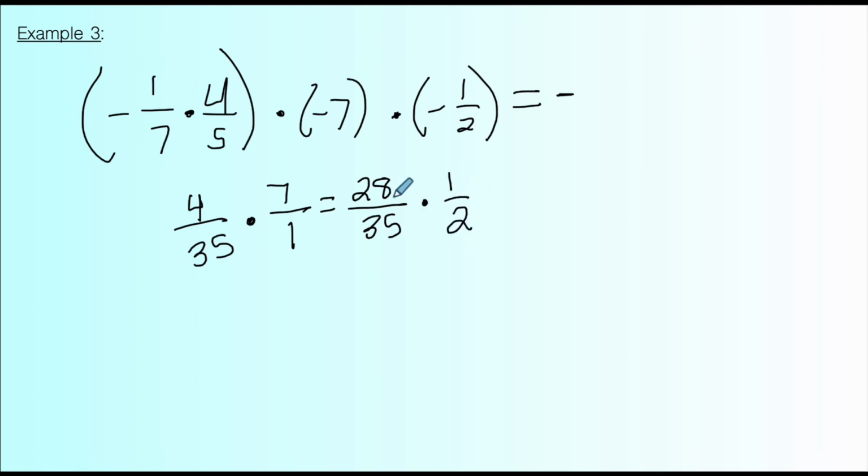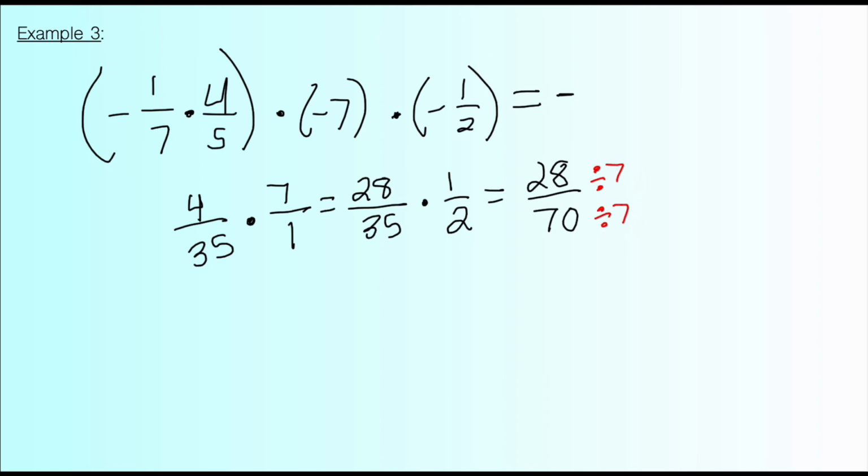And then my last step is 28 times 1 is 28. 35 times 2 is 70. And I'm going to need to simplify here because both of these numbers have a common factor. You could divide them both by 2, or you might see both of those are divisible by 7, and that'll get the answer simplified a little bit quicker.